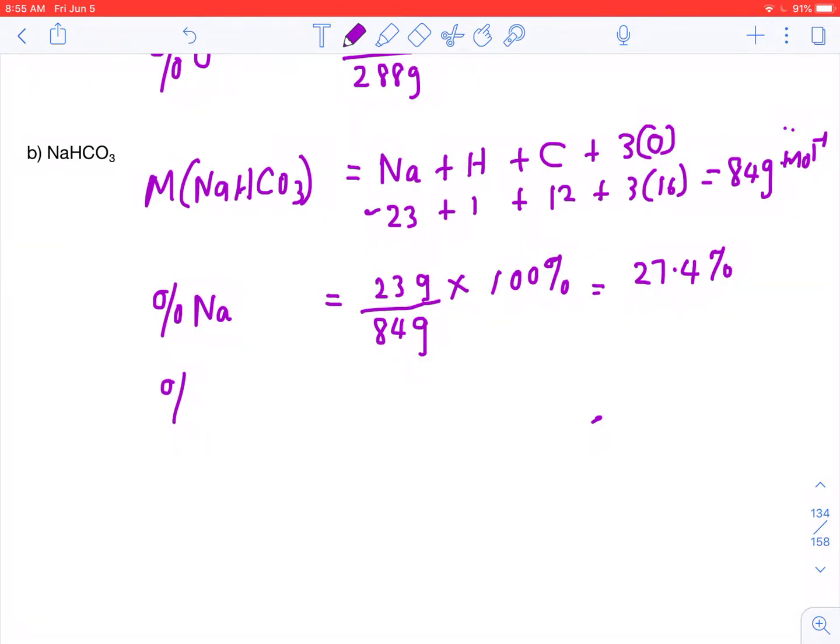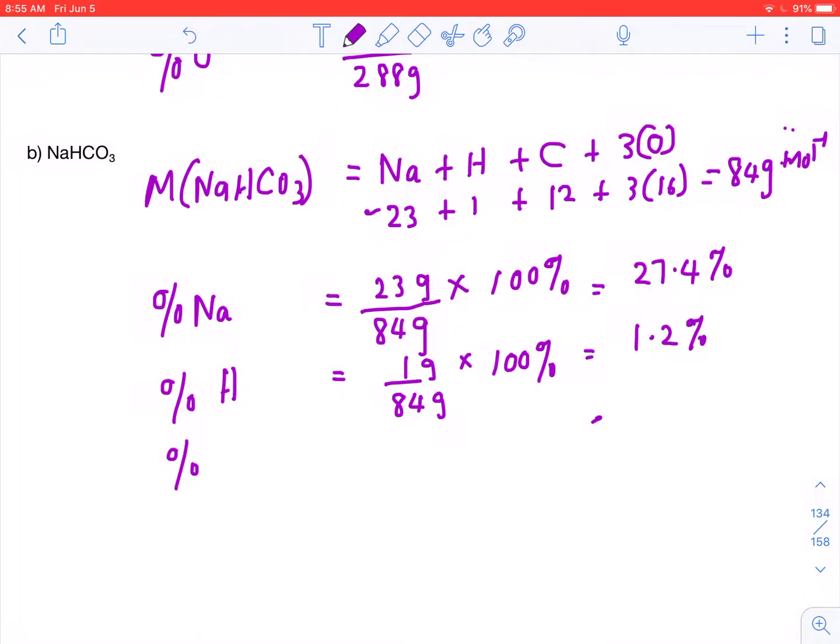And then hydrogen is 1 upon 84 grams times 100%, and that will give us 1.2%.